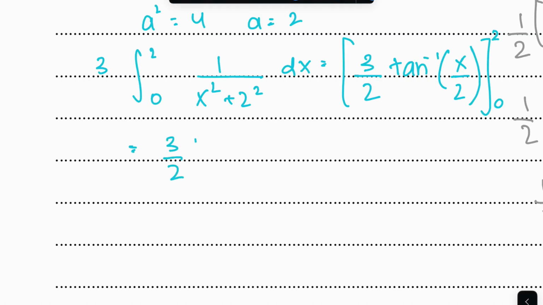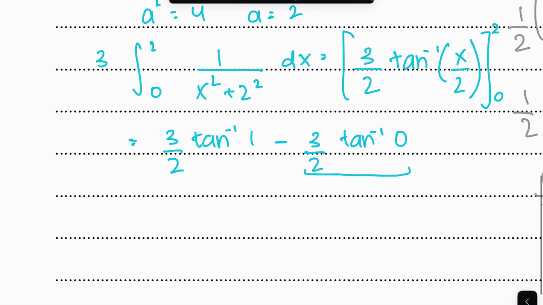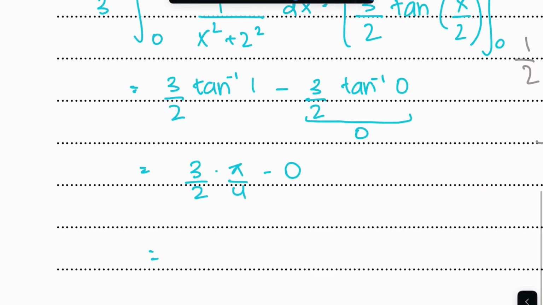We will get 3 over 2 tan inverse of 1 minus 3 over 2 tan inverse of 0. So this entire part will become 0. You can check from a calculator. So we will have 3 over 2 times tan inverse of 1, which is pi over 4, minus 0, and that is just 3 pi over 8.